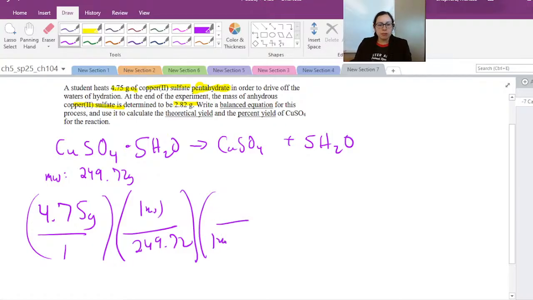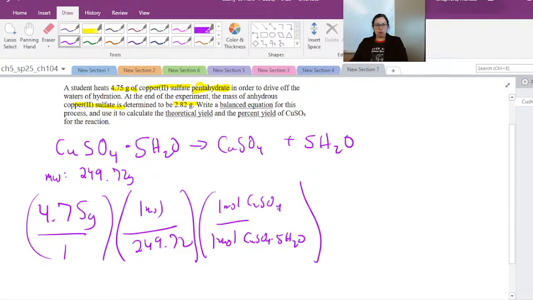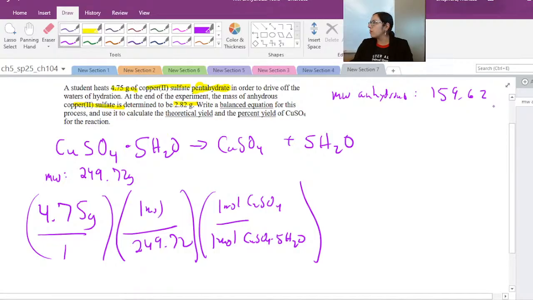I'll write that to be super explicit. Every 1 mole of hydrate gives us 1 mole of anhydrous. Then, what's the molecular weight of the anhydrous? Does anyone have that? 159.62. Is that what you got? Okay, good.